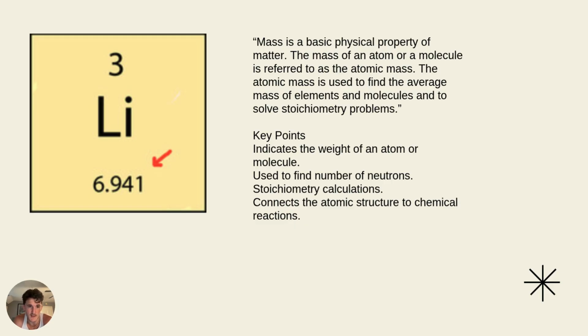With that being said, you can use the atomic mass to find a lot more things, and it can be used for your calculations on finding different types of relatability to that atomic mass itself.